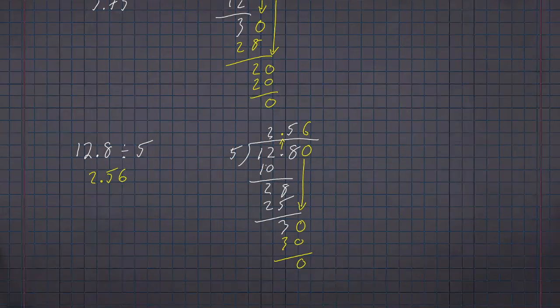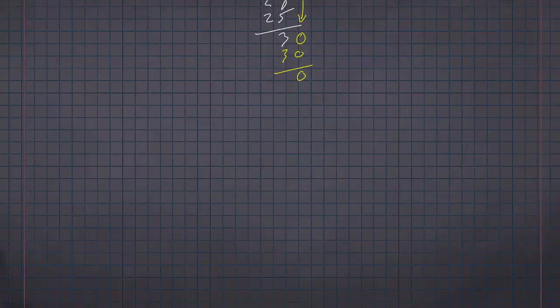Things get tricky here when you're trying to divide by a number that already has a decimal point in it. Sorry, that's not very clear.